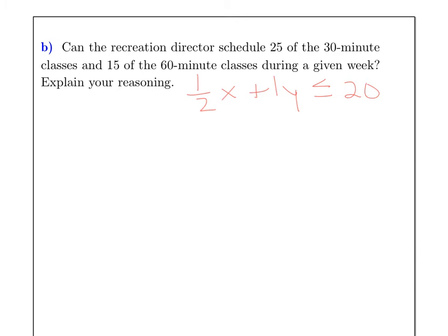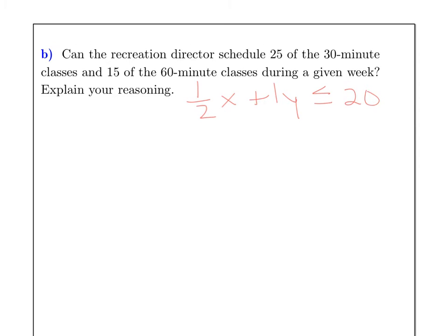Well, if they can schedule these amounts of classes, then I should be able to plug them into my inequality, and my inequality should be true. So let's try it. So I want to have 25 of the 30-minute classes, and I want to have 15 of the 60-minute classes, and I'm going to see if that sum is less than or equal to 20.